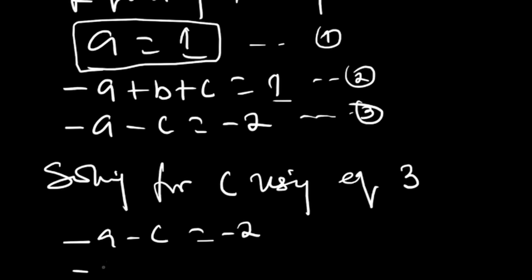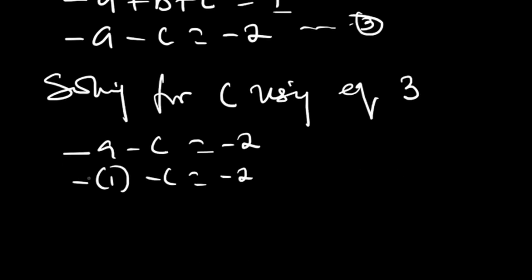So we now have minus A, since our A is 1, then minus C is equal to minus 2. Then negative times 1 gives you a minus 1. Then minus C is equal to minus 2. Okay. Now let me try to rearrange it this way. I'm going to take the C to the other side and the negative 2 to the other side.